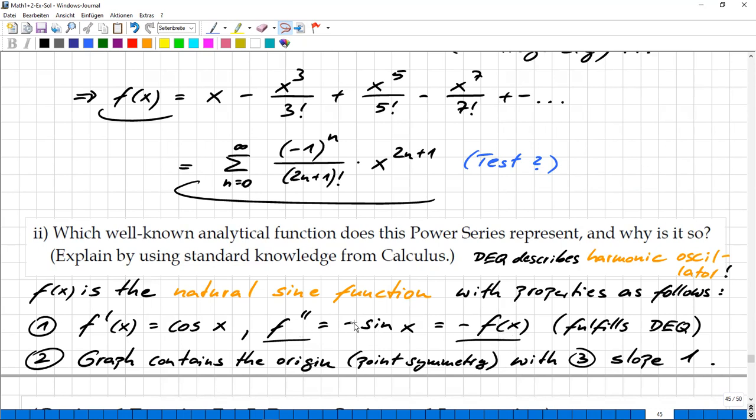If we insert these both in the differential equation, they fulfill it for any value of x. Second, the graph contains the origin, it has a point symmetry to the origin, and third, it has a slope of 1 at this position. Thank you.